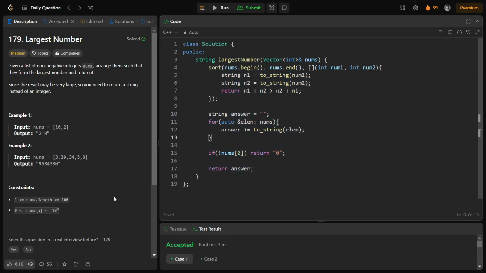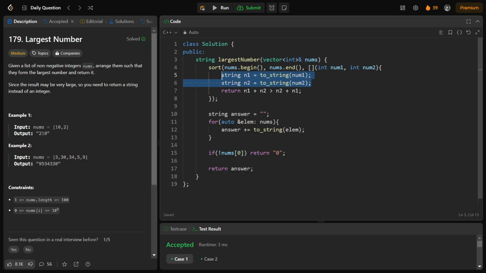In the worst case, you have nums length is 100, right? And every element could have a maximum length of what? 10, right? So 100 times 10, which is 1000. So the answer could be at max 1000 characters. So in that way you could also say big O of 1000, or you could say the space is n times 10, which is big O of n space.